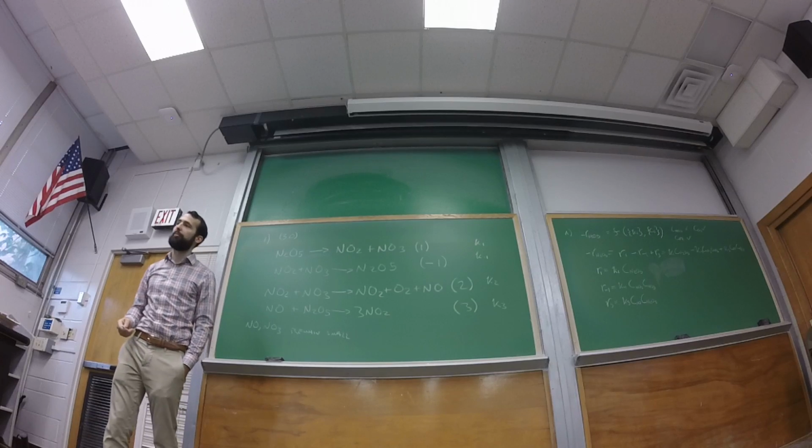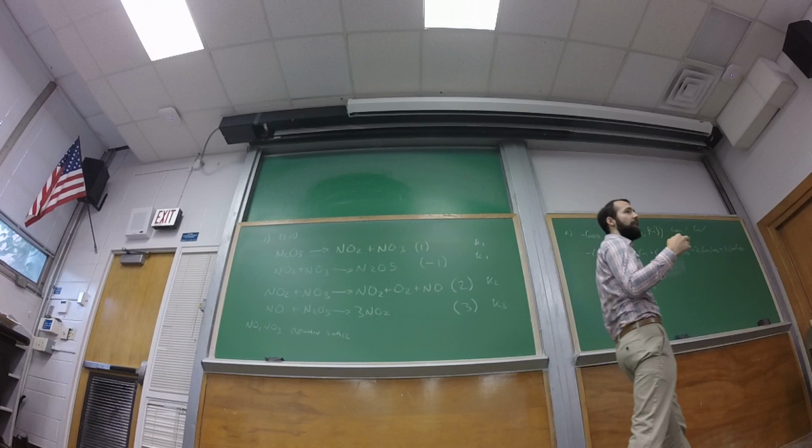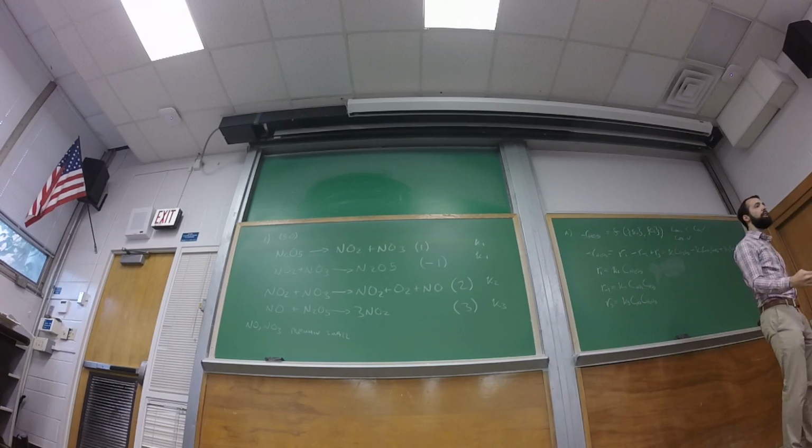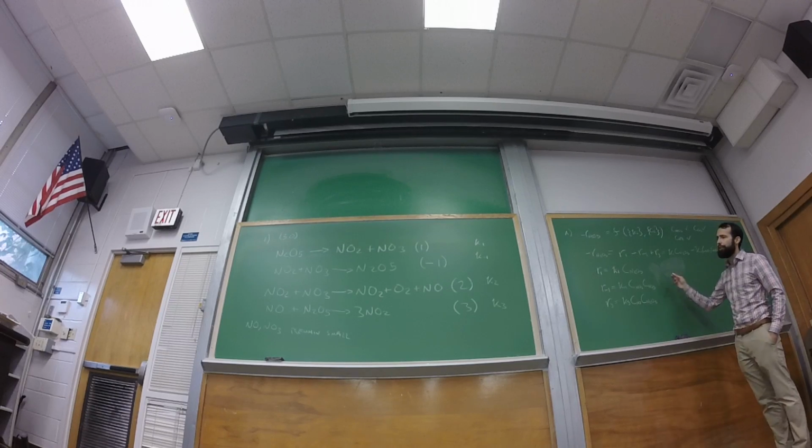It says that in the problem statement, right? Because it says that you have to express it in terms of concentrations of stable species. And those intermediates are not stable. So what do I do to get rid of those intermediates? PSSA.